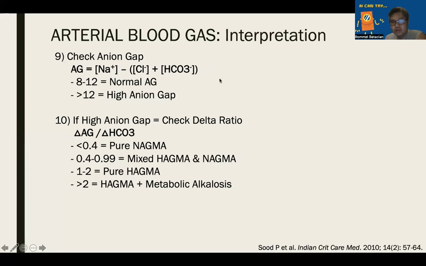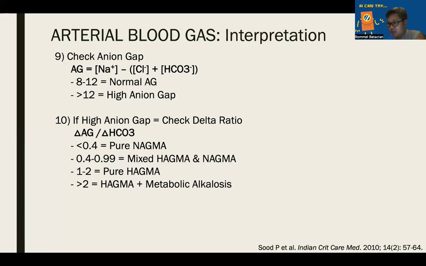But in addition, there is what you call unmeasured anions. So these are the albumin, other organic acids, which the arterial blood gas cannot measure or analyze in this machine. So there is a normal anion gap, no?